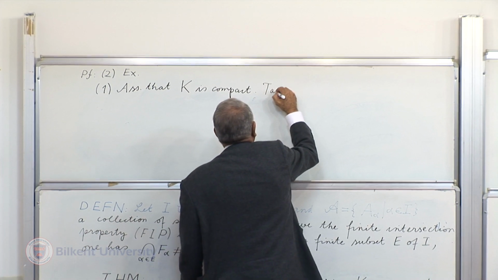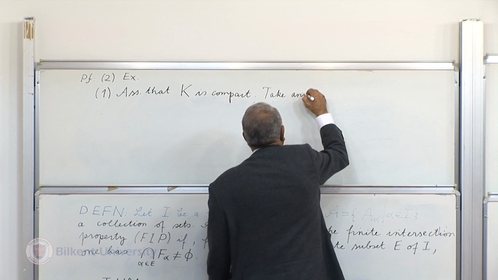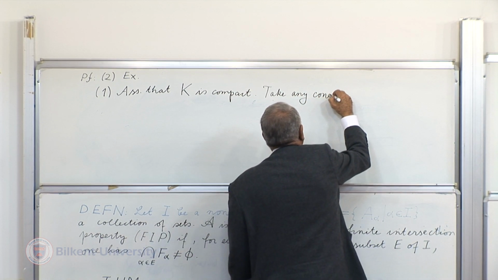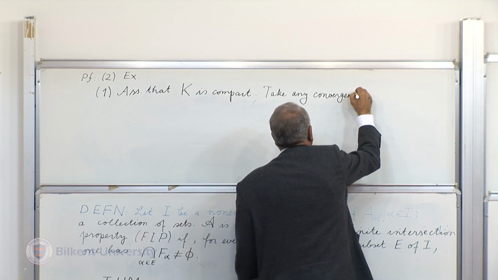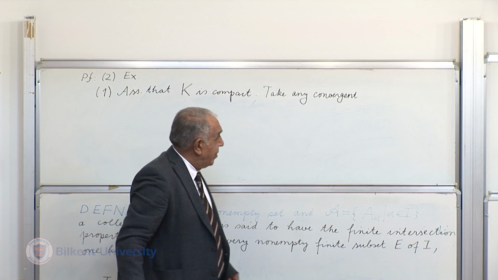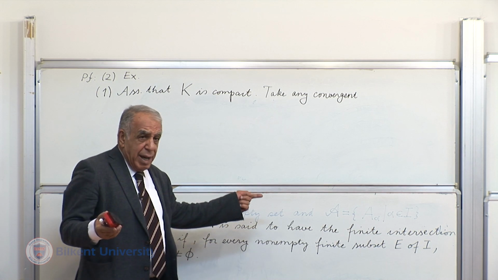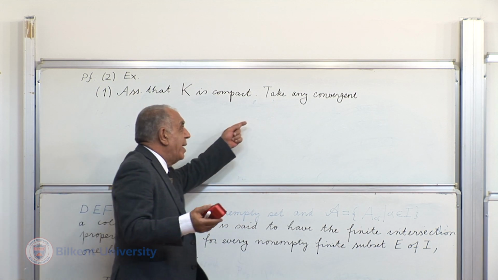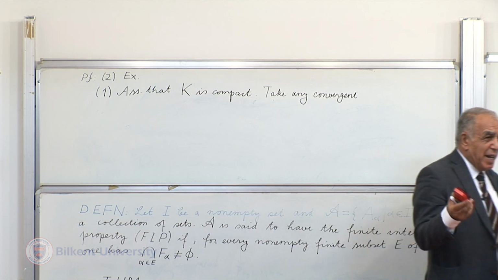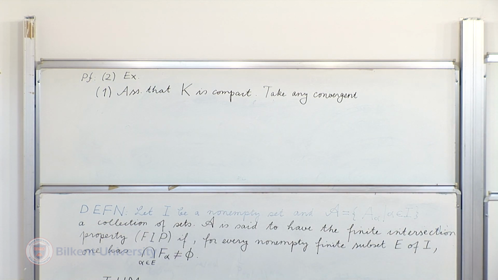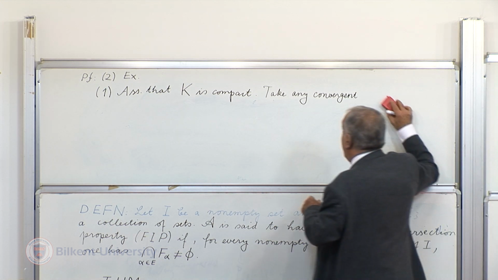Take any convergent sequence. Here, of course, K might be empty. If I take any convergent sequence in K, there may not exist some such sequence. But if I instead assume that Xn is a convergent sequence in K, that will get rid of that logical gap.